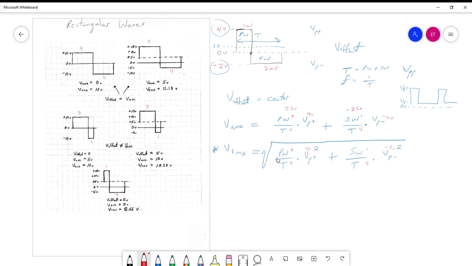You can look for the center, that's easy enough, but then the Analog Discovery can also measure the average voltage and the RMS voltage. And you can match it up to the theory that you can do now that you know these formulas.